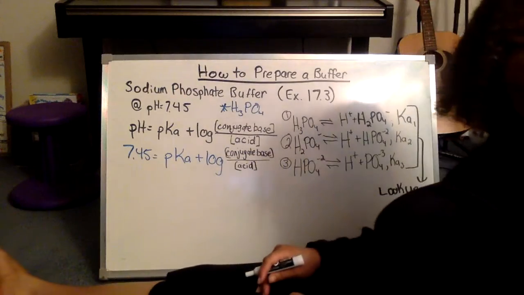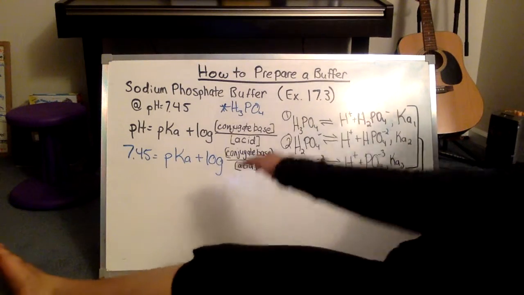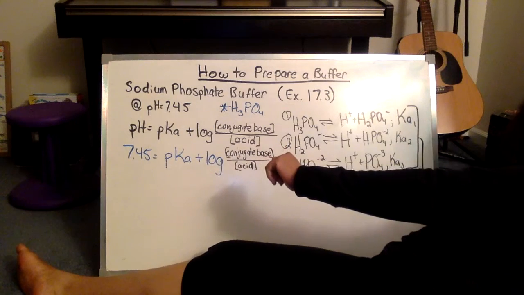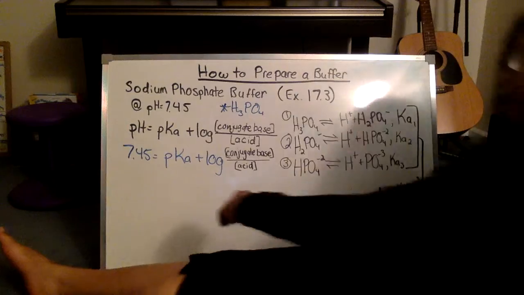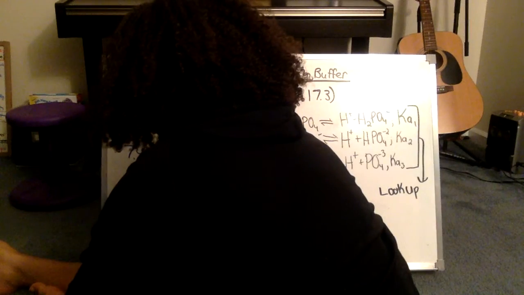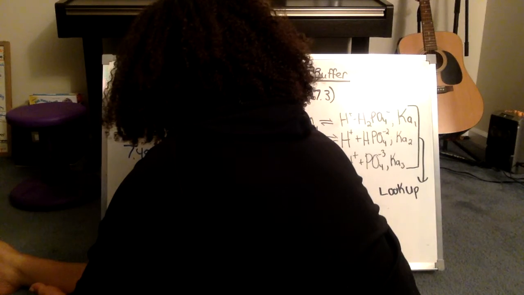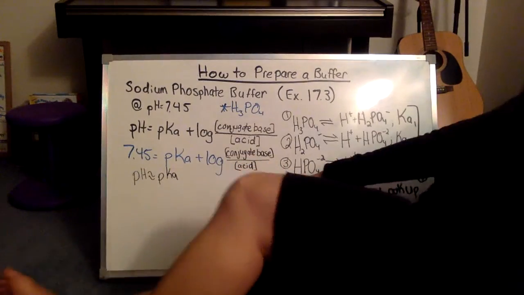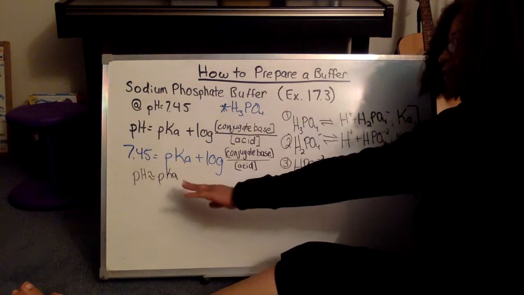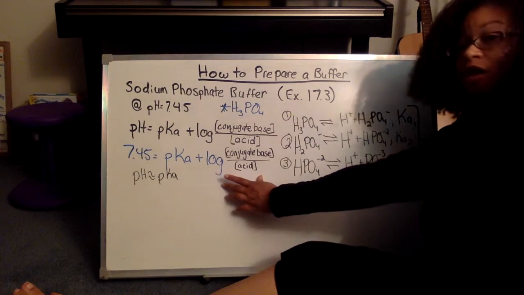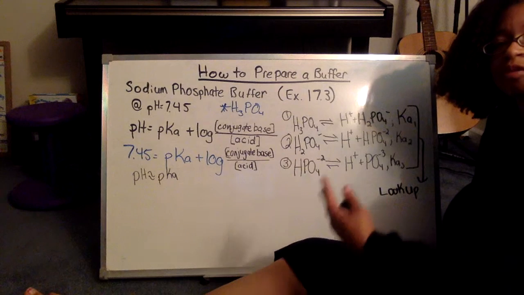One thing that we remember from what I lectured on yesterday, or at least in the videos, is that pH is very close to pKa. So this value here, this log conjugate base over acid, is usually pretty small. And sometimes we can assume it to be almost 0.